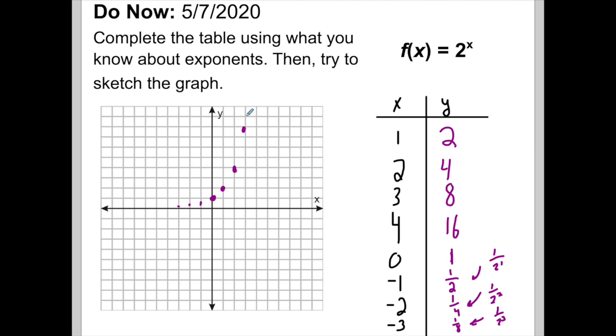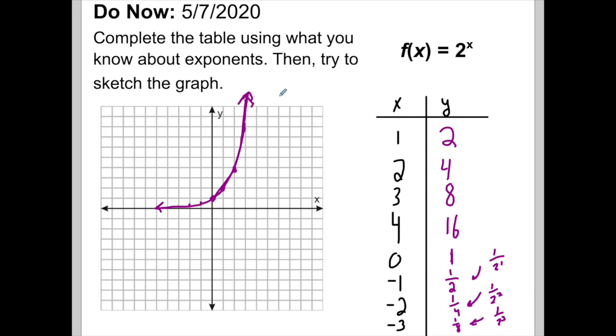So if we take a look, we know it's going to continue to shoot up in this direction based on what happens with 4. And then if you think about it, what's happening is it's approaching this line, going right up next to it, but it's not touching that line. It's never going to actually be equal to 0. Okay, so this is what we call a graph of an exponential function.